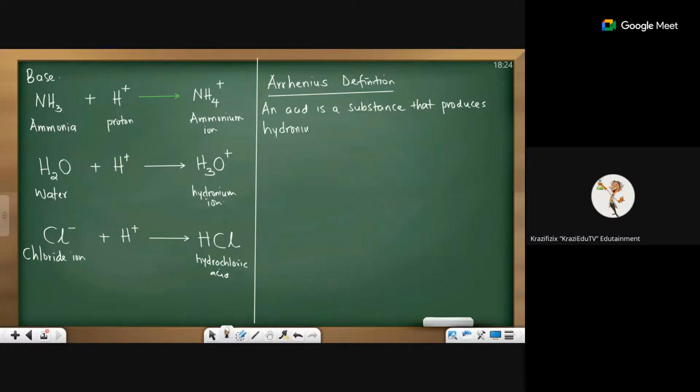We've mentioned that today. What's the formula for hydronium ions? H3O plus. When dissolved in water, there must be water there. Key thing is hydronium ions and the water.